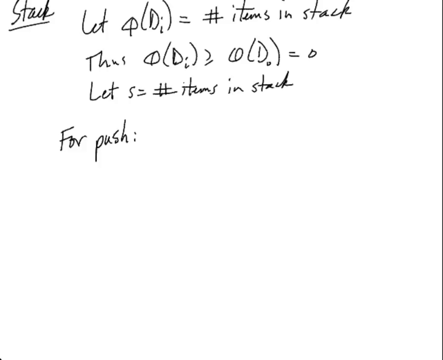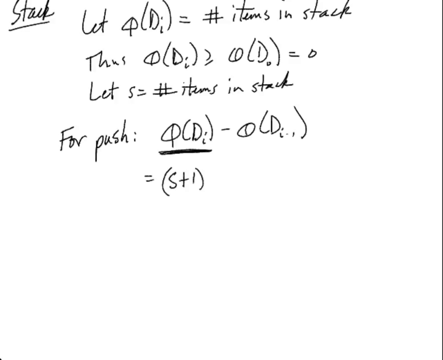So for a push, what's the change in potential? Well, it's phi of D sub I minus phi of D sub I minus 1. And we decided that our potential is going to be the number of items in the stack. And so after we push, we have S plus 1 items. Subtract off, how many items did we have before? Well, we had S. And so then the change in potential is going to be 1.